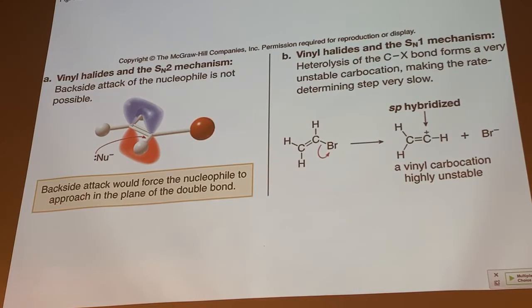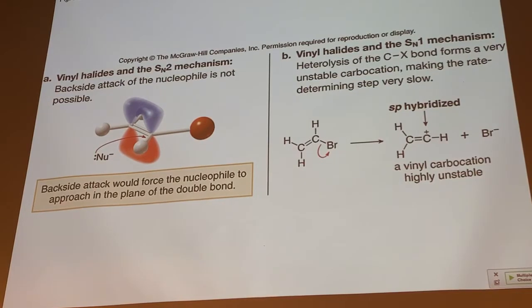So you might think, well, we can have SN1 instead. It's going to be slow, but it can still happen. The problem with SN1 is if you lose a halide from a vinyl halide, you have what's known as a vinyl carbocation, and the positively charged carbon is sp hybridized because it only has two groups attached. And it's a very unstable situation to have a positive charge on an sp carbon.